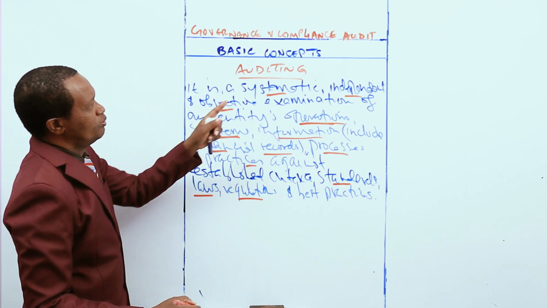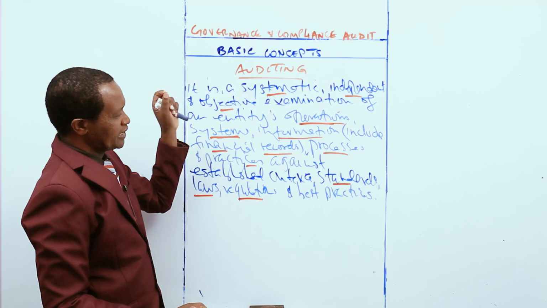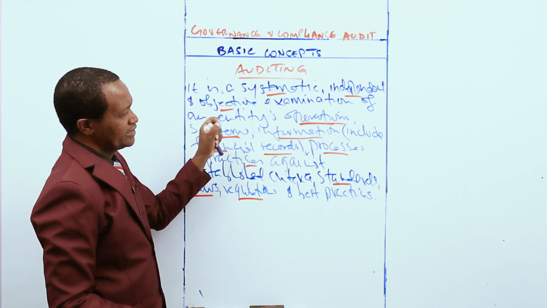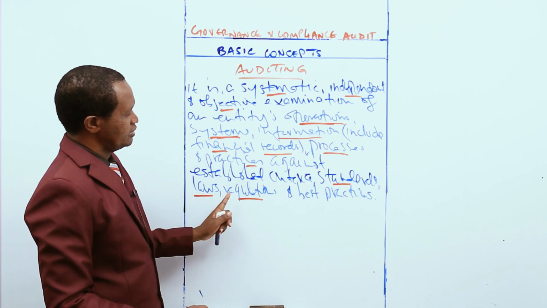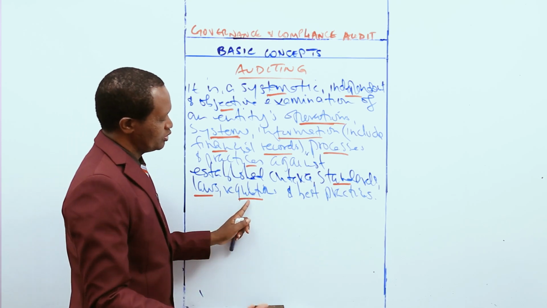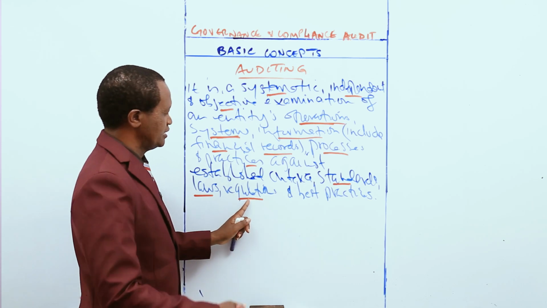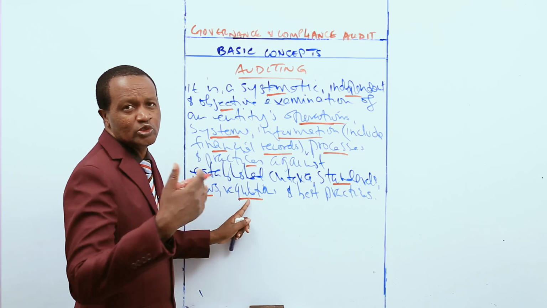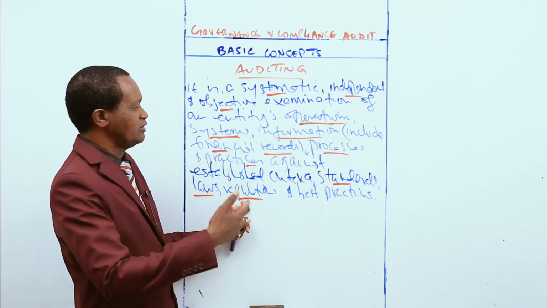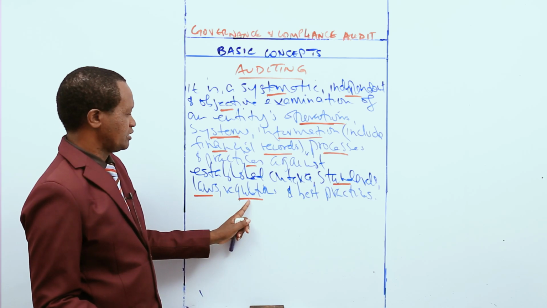Now, that's where compliance audit comes in. A compliance auditor will examine adherence of an organization to laws, regulations, internal policies, standards, corporate governance, and so on. Is the organization obeying the rules? Is it playing by the rules? That's the role of a compliance auditor.